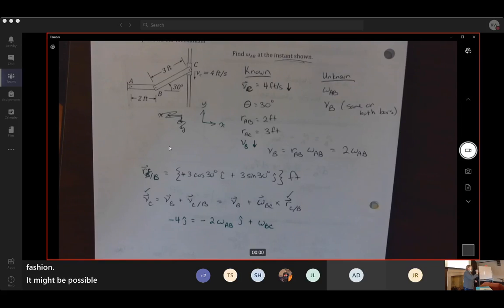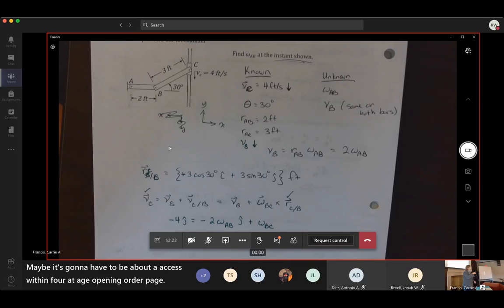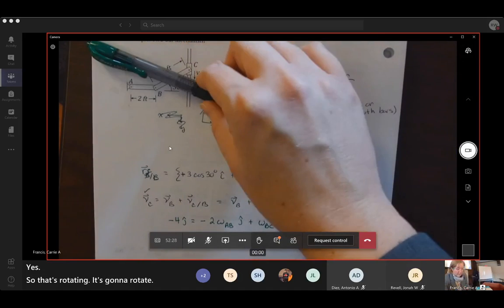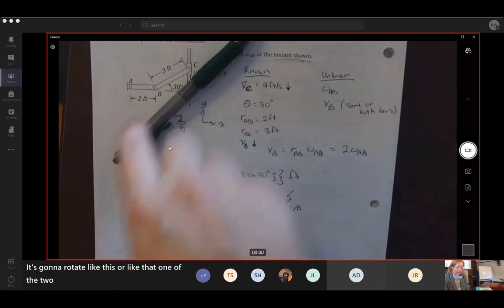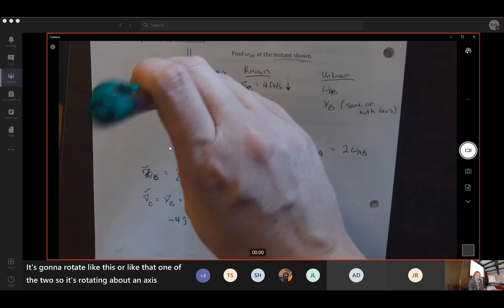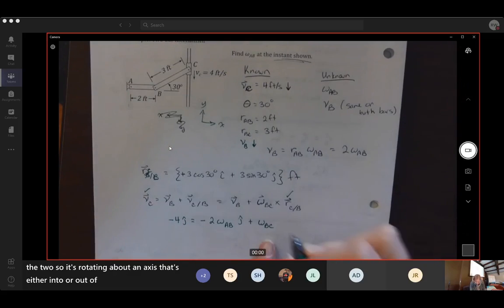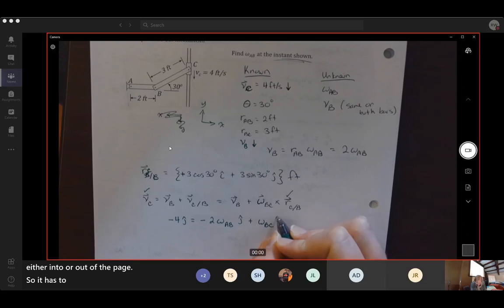It's going to have to be about an axis that's into or out of the page, perpendicular to the page. So if it's rotating, it's going to rotate like this or like that, one of the two. So it's rotating about an axis that's either into or out of the page. So it has to be in a k hat direction.